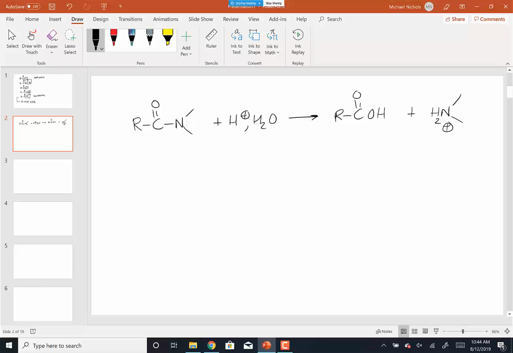So that's all we can do with the amide as far as conversion. It can only be converted to a carboxylic acid.